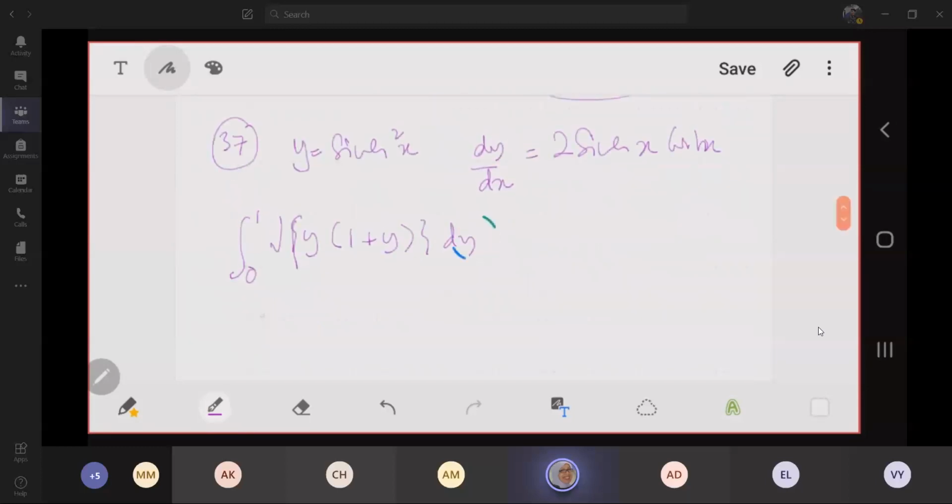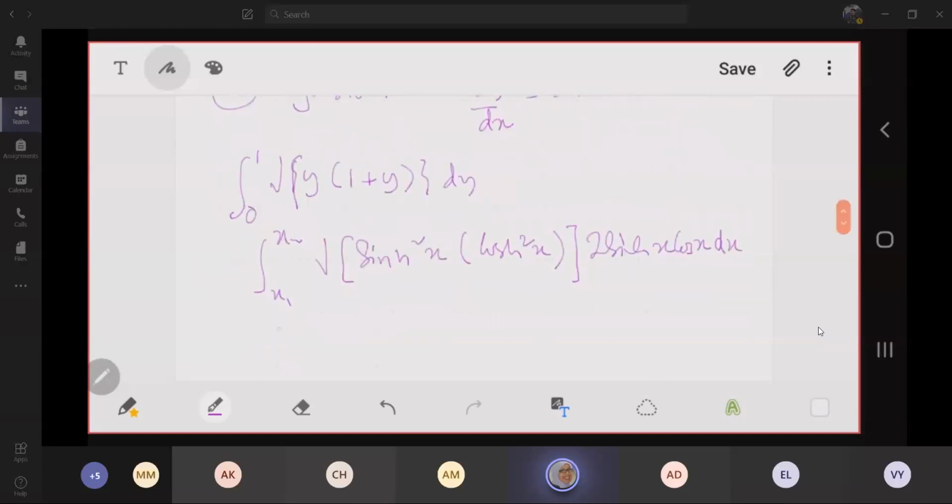So that will be equal to, change the limit, you change that into x, so x1, x2, and then you have square root of y squared is equal to sine squared x, 1 plus sine squared x is equal to cos squared x, and then your dy is equal to 2 sine x cos x dx.